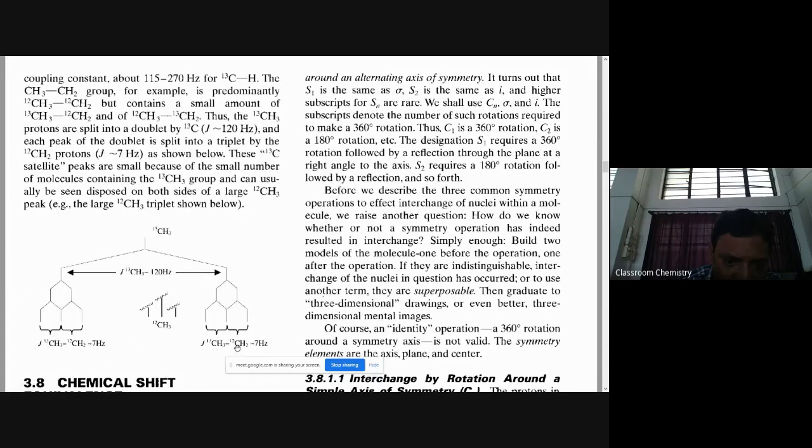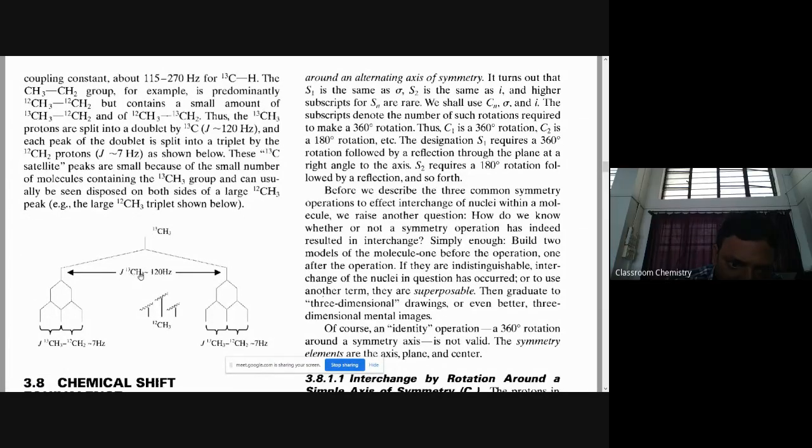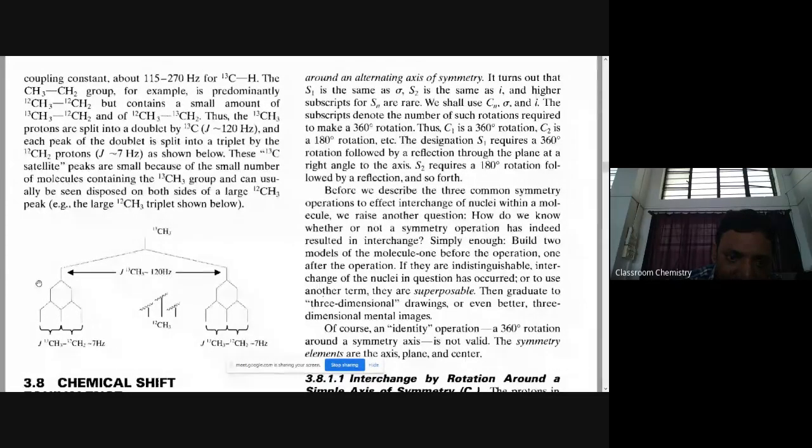Here is C12, so it is near about 7 Hertz. But here C13 C12, it is also near about 7 Hertz. But there is a direct coupling of this CH3 C13 with hydrogen, then its value is 120 Hertz. Okay, understand through this diagram?